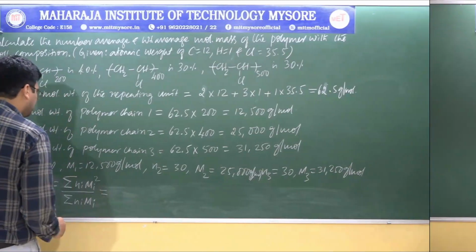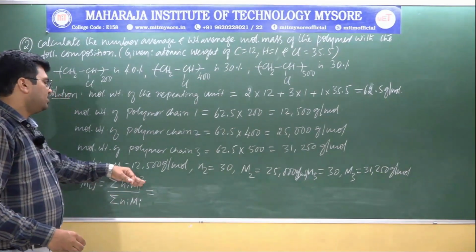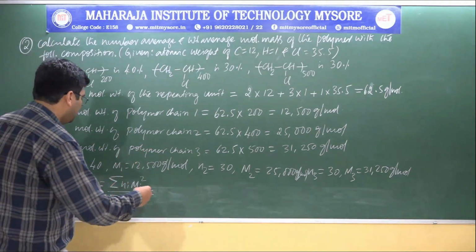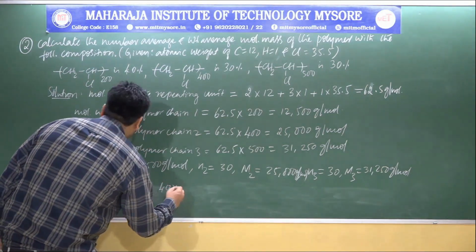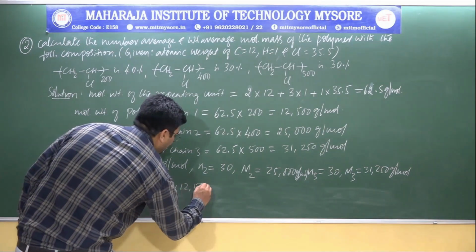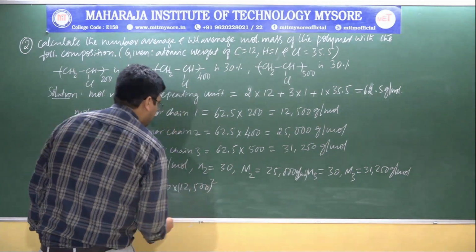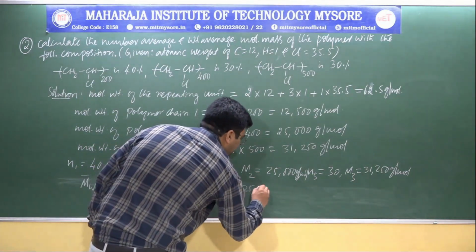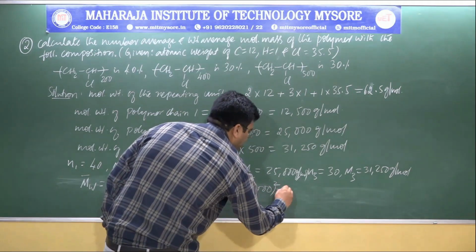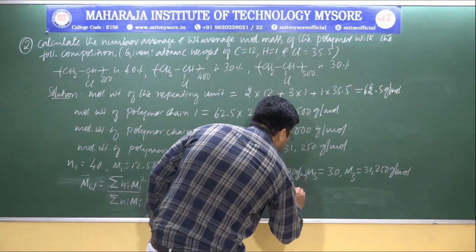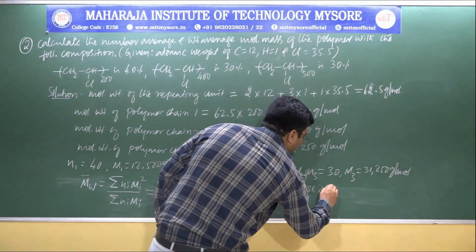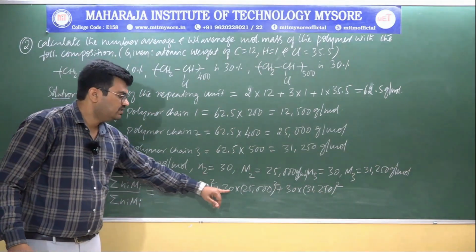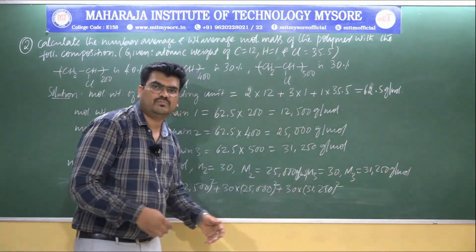Now substitute all the data here. Straight away I am going to substitute the values. You already know that it is a 3 component system. So 40 into 12,500 square, plus 30 into 25,000 square, plus 30 into 31,250 square, that is N1 M1 square, N2 M2 square, N3 M3 square.